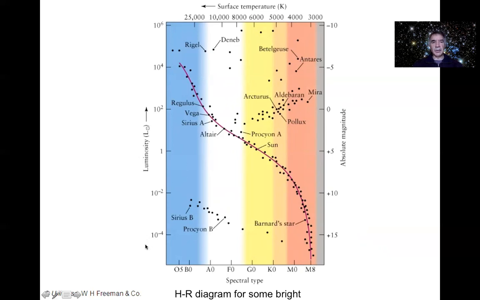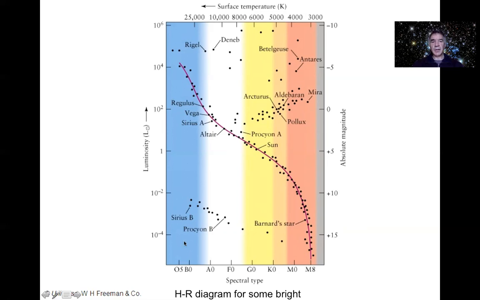Let's look at the theorists' axes first, if you like. So here's luminosity, and here is effective temperature, or surface temperature, whichever you like. Something you'll immediately notice is that the temperature scale is plotted the wrong way around. Temperature is increasing to the left and not increasing to the right.